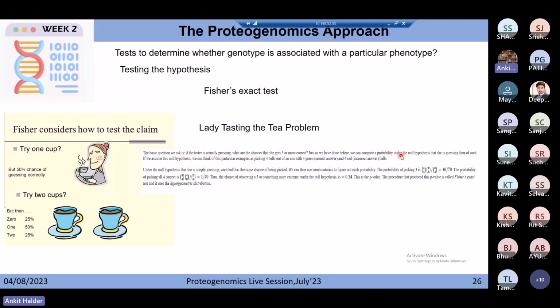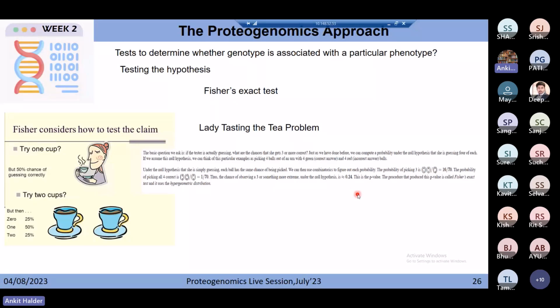When we calculate the probability for rejecting the null hypothesis, the null hypothesis here is that she is guessing every time, and the alternative hypothesis is that she is not guessing. The p value comes to 0.24. As most of you know, the p value needs to be less than 0.05 or lower to reject the null hypothesis.